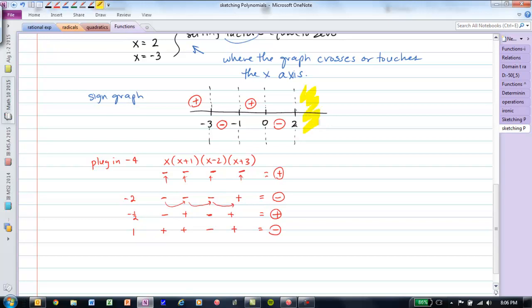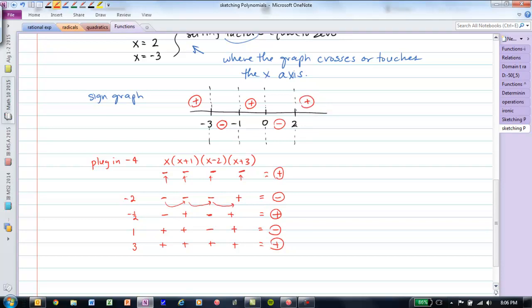So this area here. And if we choose, say, 3, for the first term, it's positive. Second term, positive. Third term, positive. Fourth term, positive. So everything is positive. So we are positive. Okay?